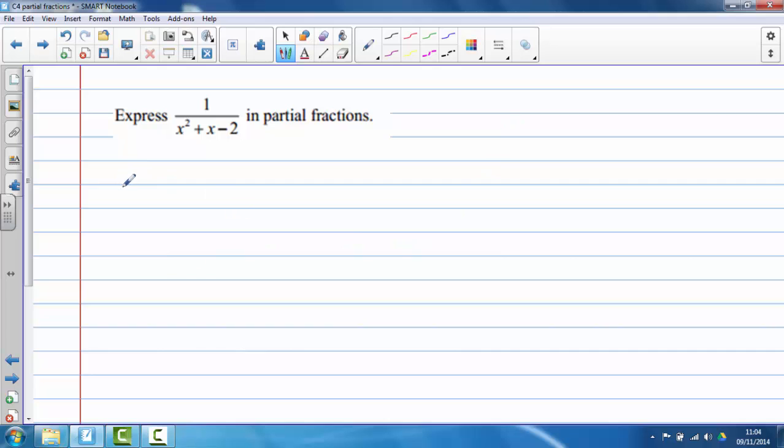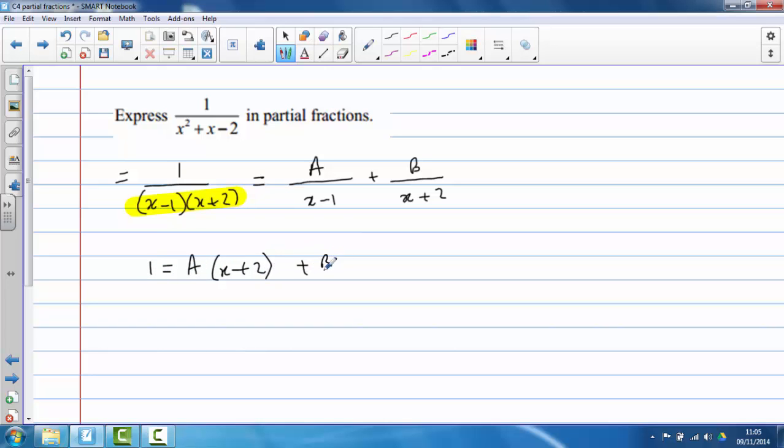So in this case, our partial fraction, we need to factorize it if we can, and if we do factorize it we get x minus 1 and x plus 2, and then we can separate them out as a over x minus 1 plus b over x plus 2, and then if we multiply through by the denominator here, then we get 1 equals a times x plus 2 plus b times x minus 1.